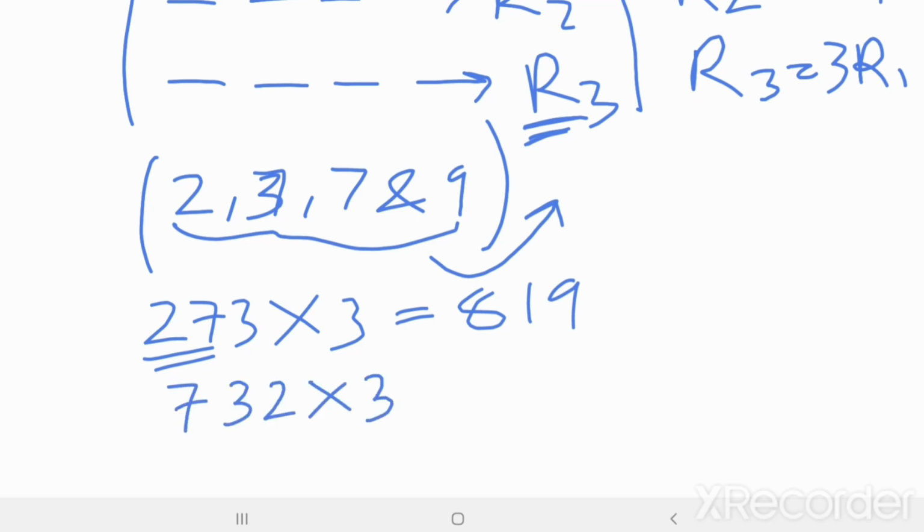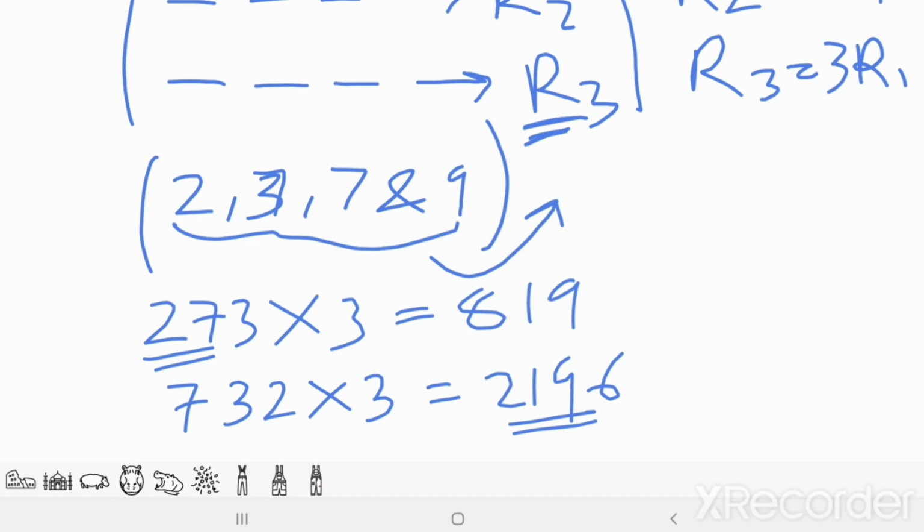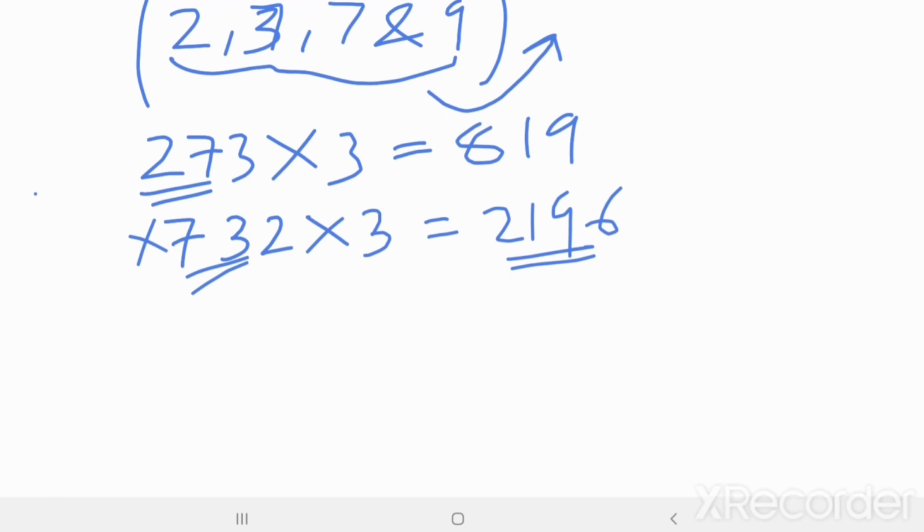Multiplying this by 3, we are getting 2196. So this is a 4-digit number. This can't be used in third row. So this 732 we cannot use in the first row. So what are the numbers that we can use in the first row?